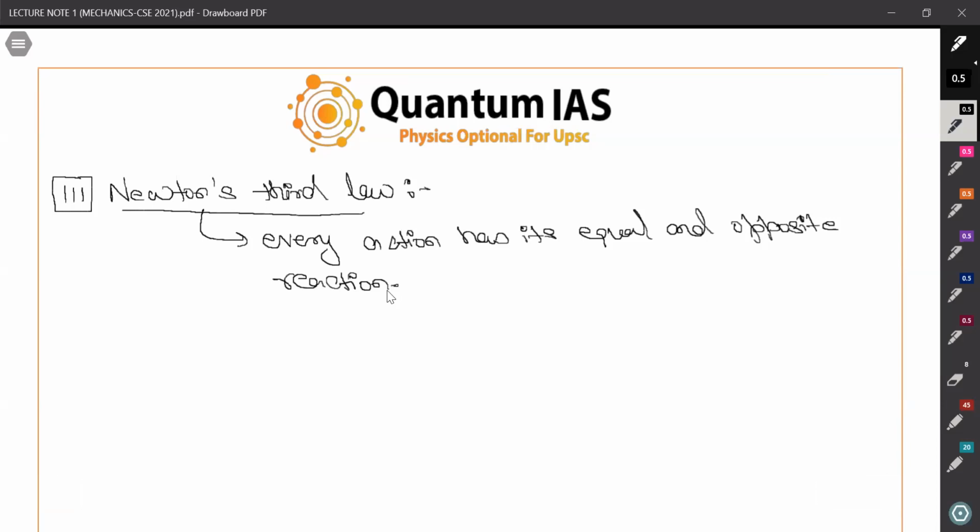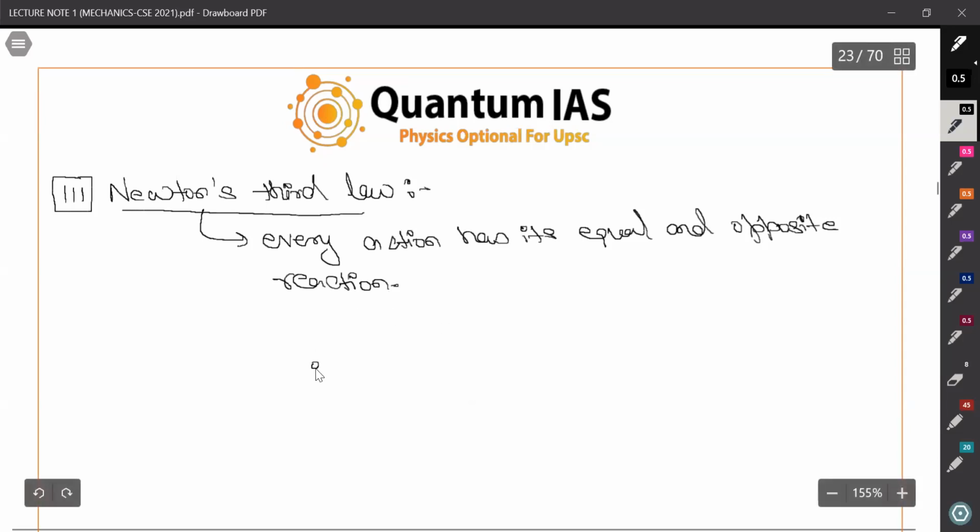Right? That is the law of, I think, karma also. If you follow Hindu mythology, the law of karma states the same thing. But we are not going so philosophical.